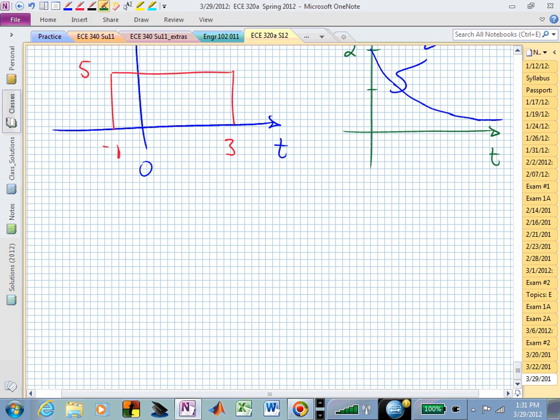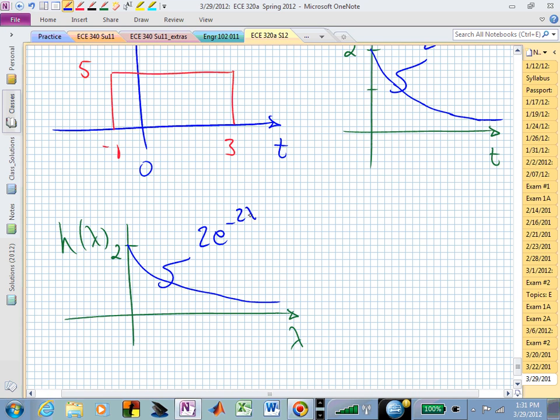And I would encourage you to make all of these formal steps as you're doing these convolution problems. H of lambda, so if you want 2 points out of 100, you just resketch h of t as h of lambda. That's h of lambda. And I need that to make up part of my convolution integral.